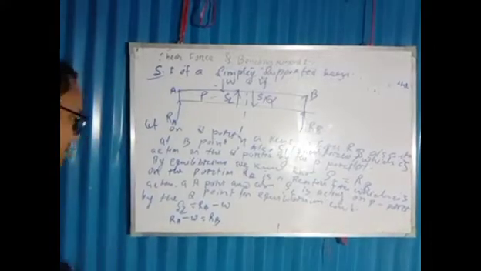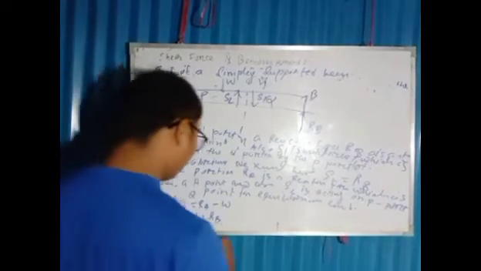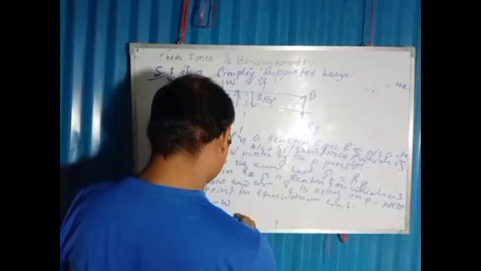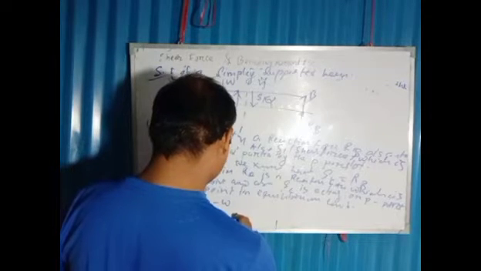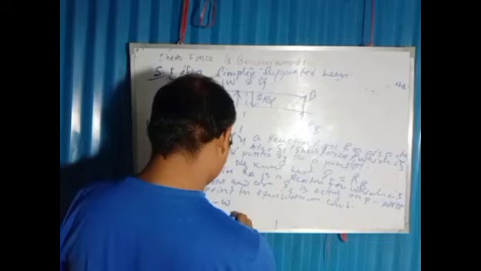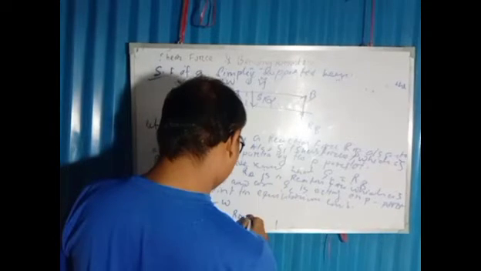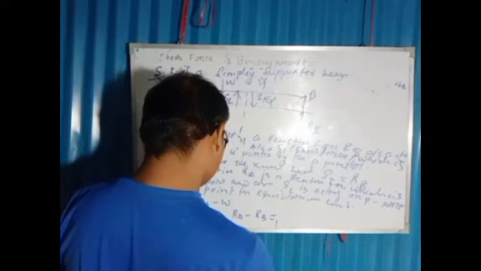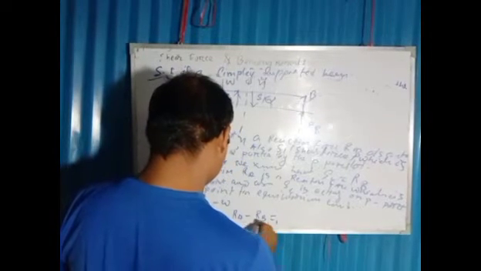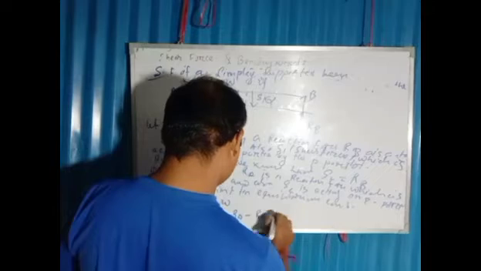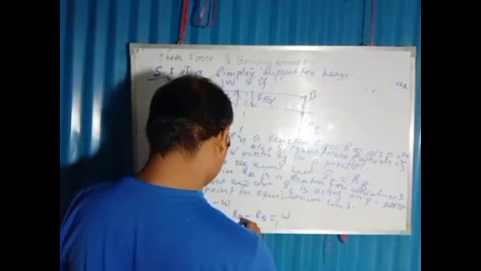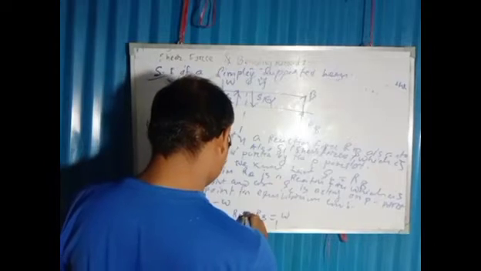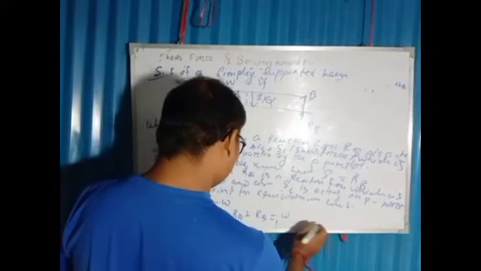If we equate it, it will be RA minus RB equals W; sorry, it will be RA plus RB.